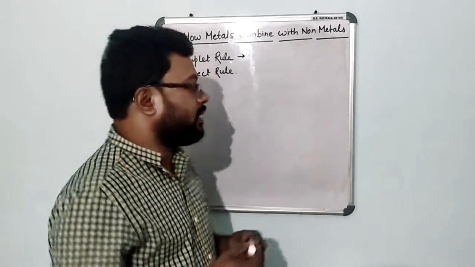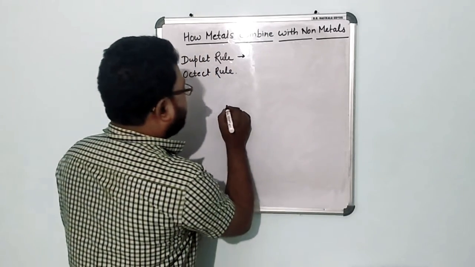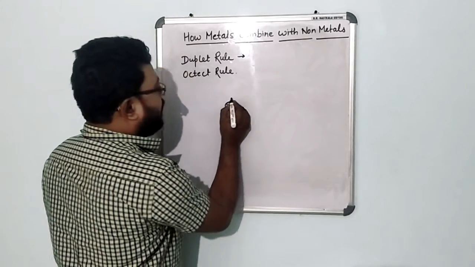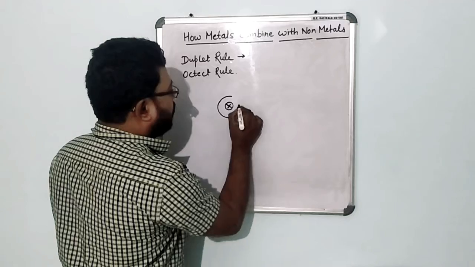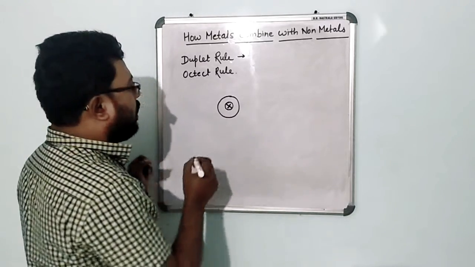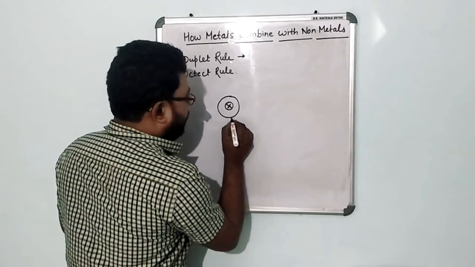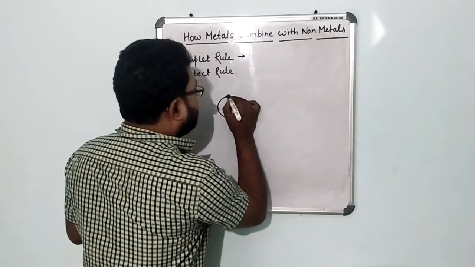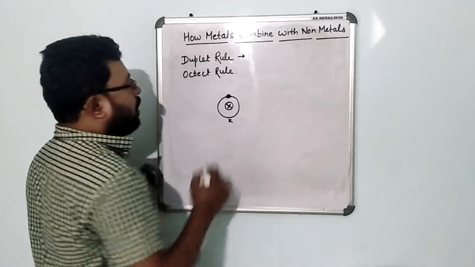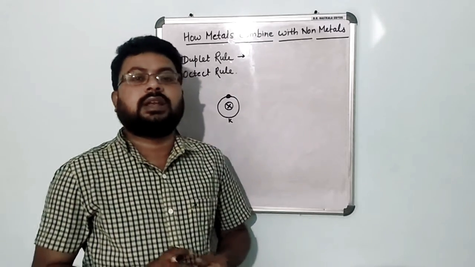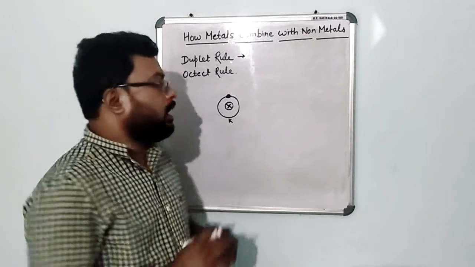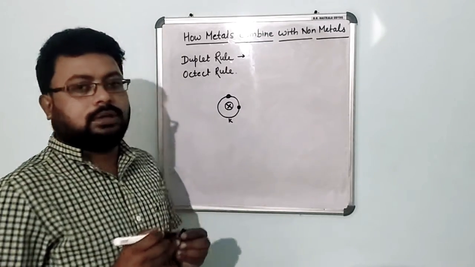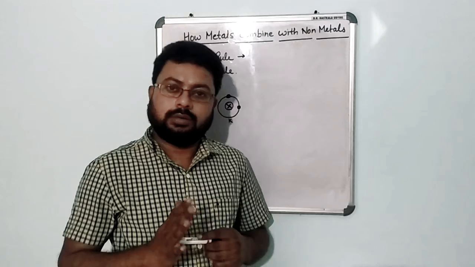For example, say there is an element X. This is the nucleus of the element and this is the first shell, which will be named K. If this first shell has just one electron, the atom will be very unstable. It should have two electrons, then only it will become stable.